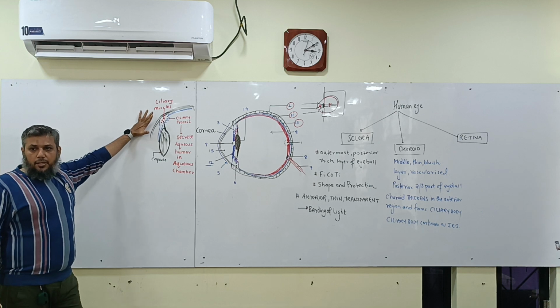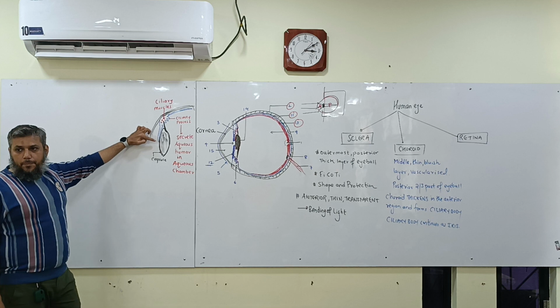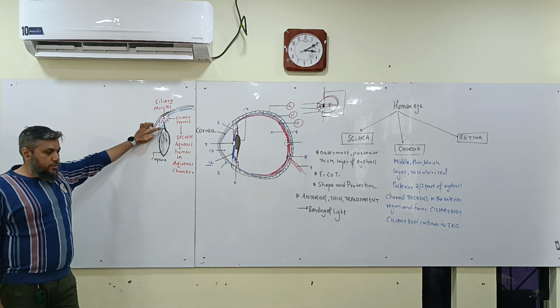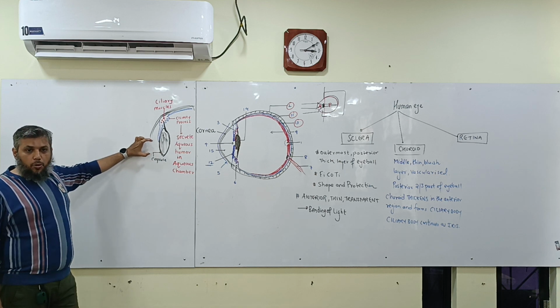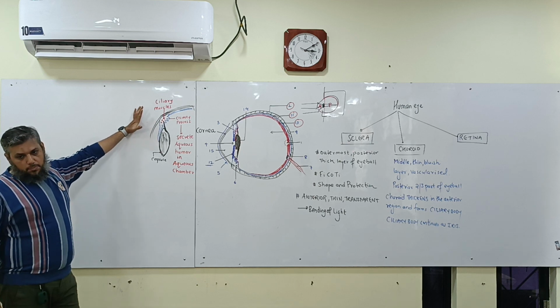Did you understand this line? What did I say? It is the suspensory ligaments which hold the lens in its proper position by connecting it to the ciliary muscles.